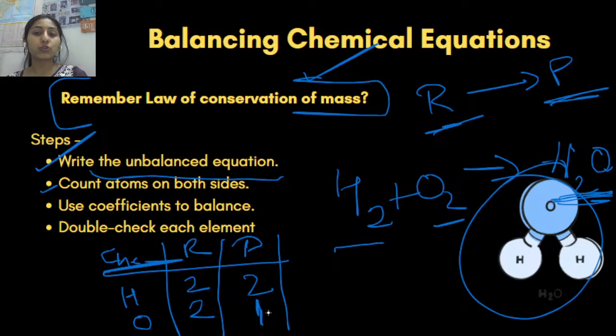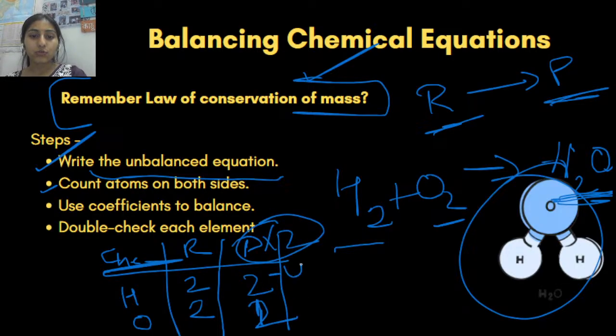So we have to balance this particular reaction. In order to balance it, we will multiply the product side by 2. If we multiply this side by 2, this would be 2 and the hydrogen would become 4.